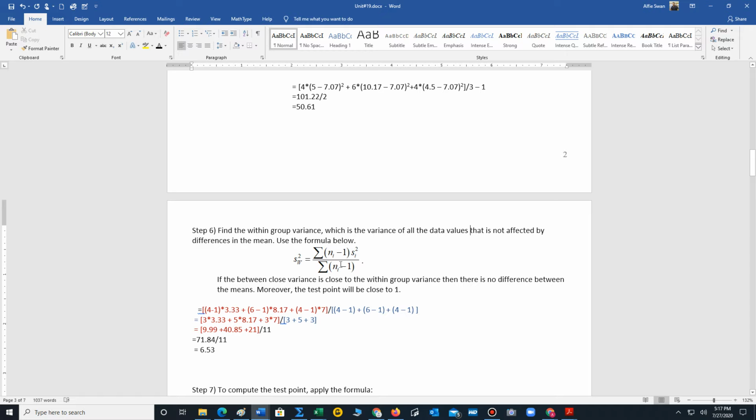But let's calculate the numerator and denominator. I use different colors to compute the numerator and denominator. For our first data set, we have 4 minus 1 times the first variance, 3.33, plus, that's what the sigma tells us to do, 6 minus 1 for the second sample size times the corresponding variance, plus 4 minus 1 times 7, which was the third variance.